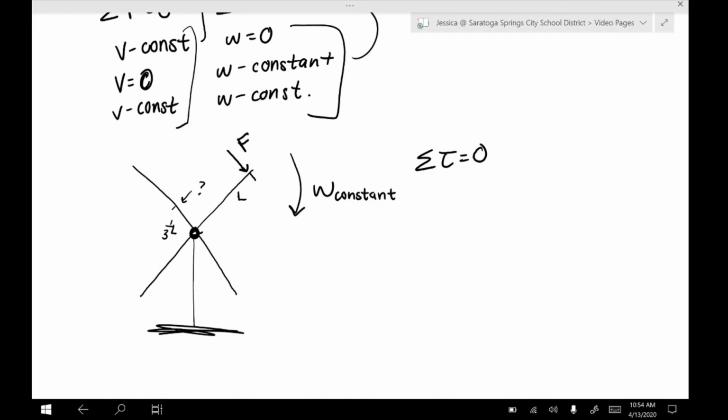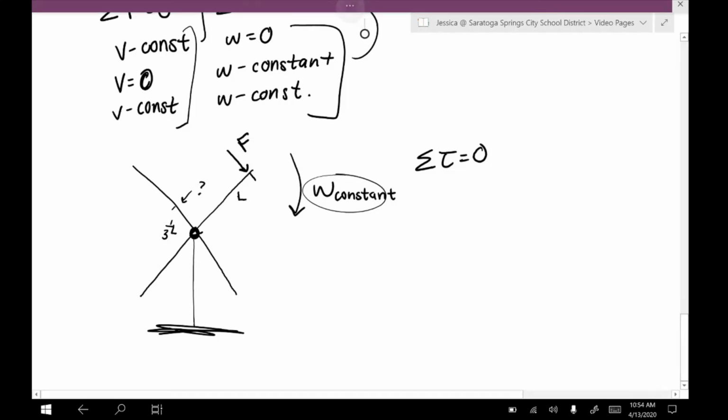Now, actually, this situation we can solve in the same way that we solved for that first seesaw problem where the whole thing was at rest. The only difference is that we have this constant angular velocity, but it doesn't change our equation.